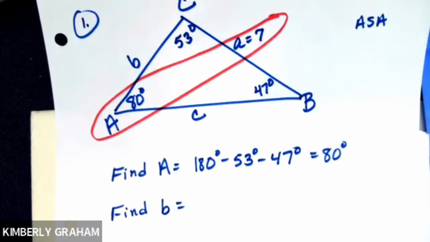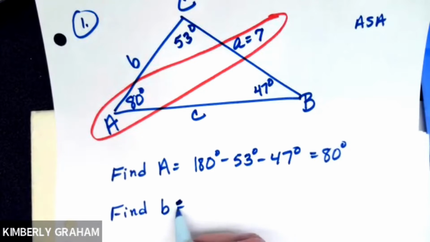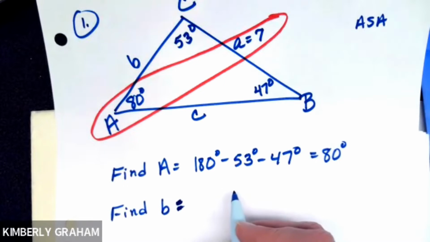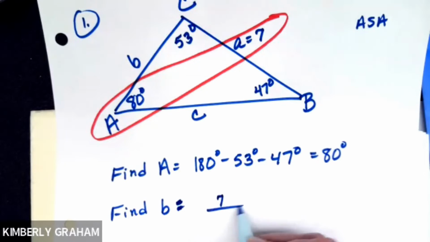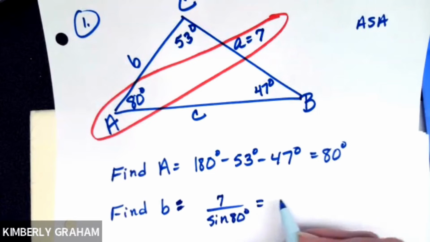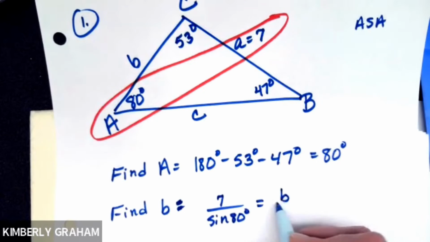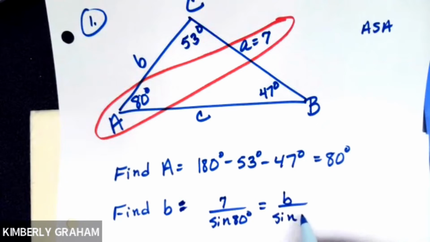So I need to be using my law of sines here, these ratios. I keep forgetting whether I put the sines on top or put the A's on top. So I'm going to have 7 over sine of 80 degrees is going to equal B over sine of 47 degrees.